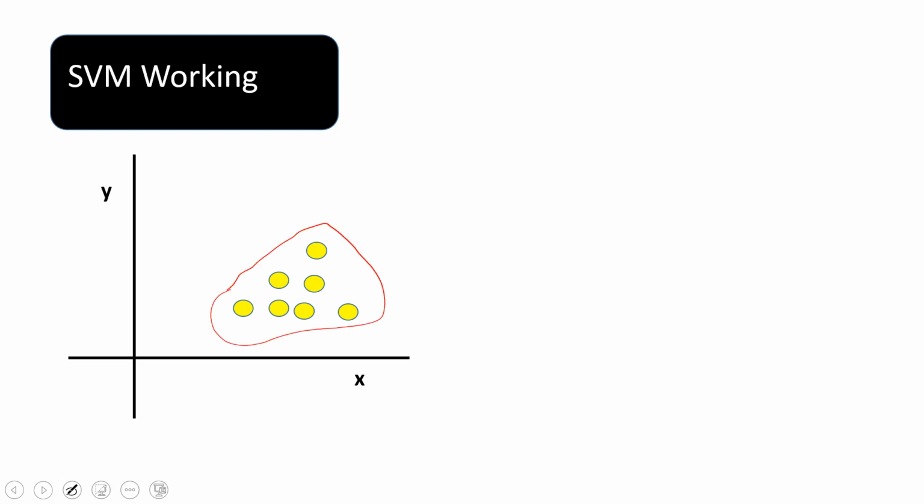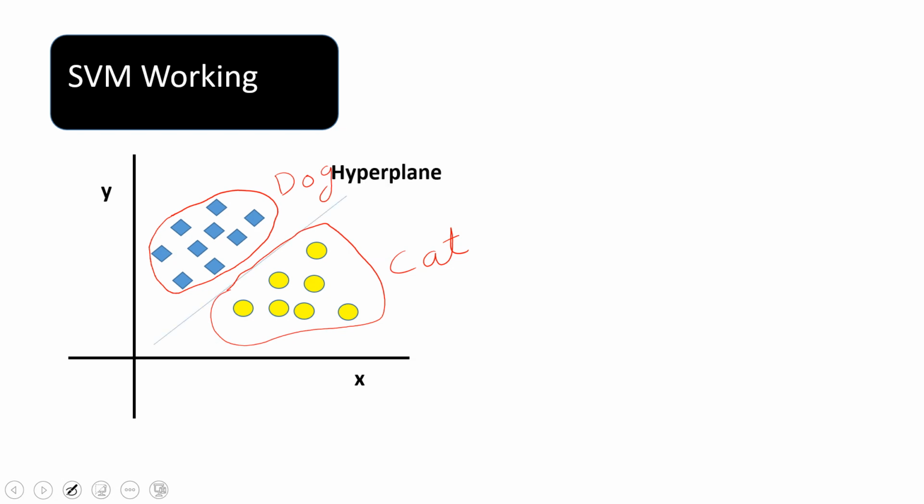Let's say this belongs to cat, and these other feature points belong to dog. We want to categorize them. What that line meant was a hyperplane. There is a hyperplane between the feature points of two classes to categorize them into different classes.